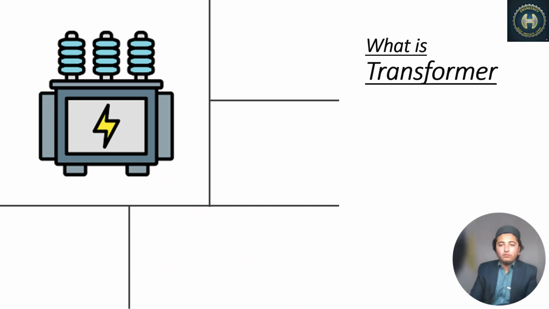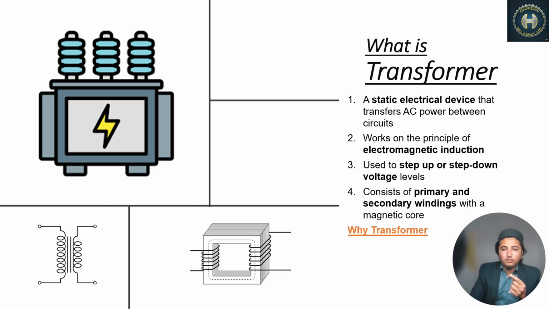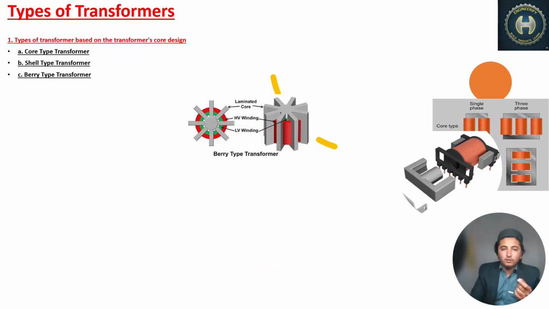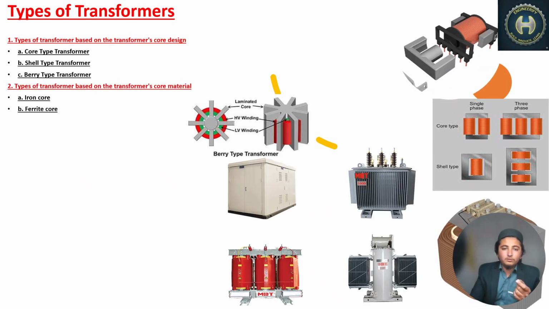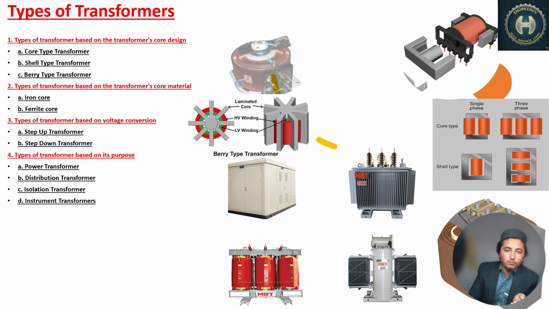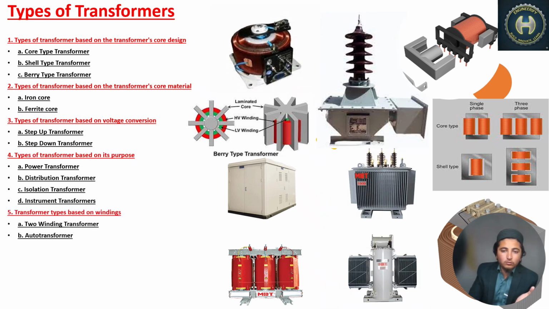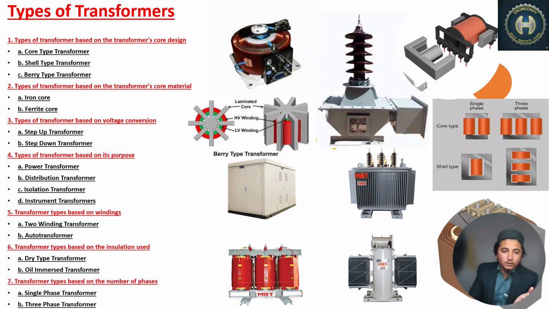So in this video we are going to see the parts of transformer, but I will give you a short review of the past two videos. We saw what is a transformer, the definition of transformer, why we are using transformer, and the many types of transformer: core type, shell type, HV type, LV type, step up transformer, step down transformer, isolation, instrumentation, auto transformer, dry type transformer, oil immersed type transformer, single phase, and three phase.